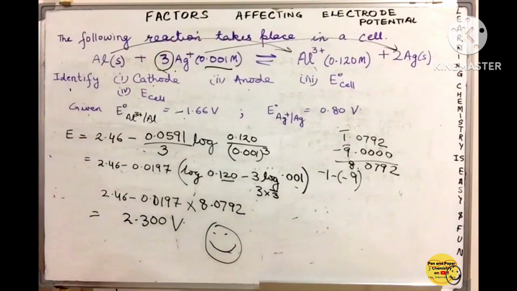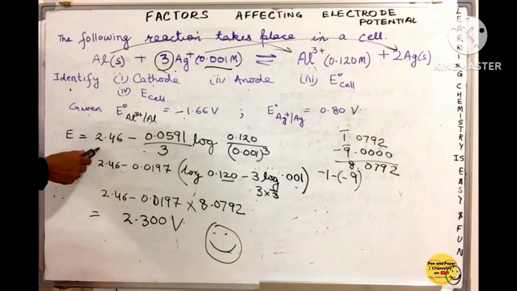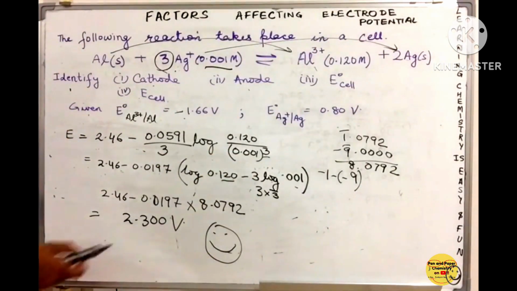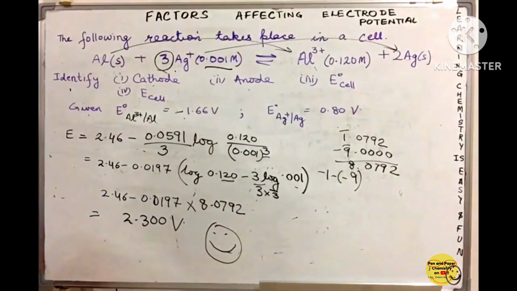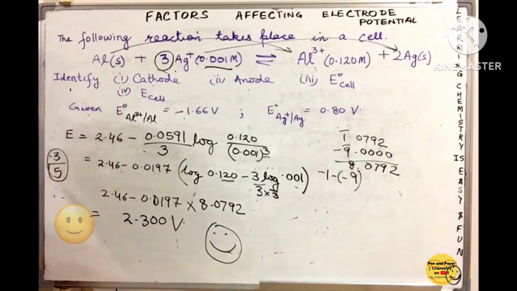If you have not been able to get it, don't worry. Go back step by step. See where you went wrong. Sometimes there could be just a small error where you've not taken this 3 into consideration, or you may have got stuck at this point. That does not mean that your full answer or your full concept is wrong. From the examination point of view, because you have done till the second last step, you still stand to gain some marks in this particular question.